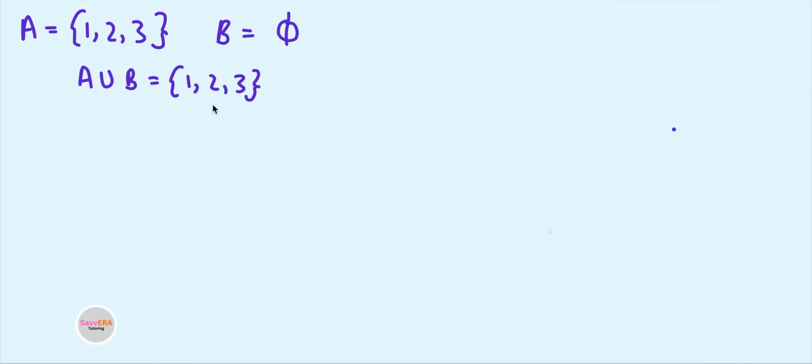In the next one, it says A is equal to elements a and b. B is equal to elements a, b, c.